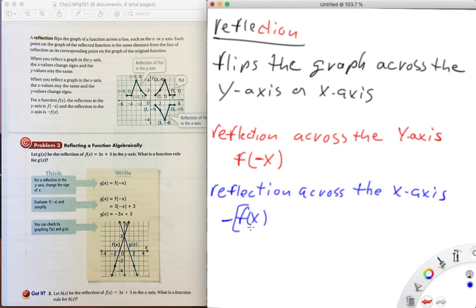I would even put a bracket around it to sort of simulate that I'm multiplying it by -1. That's sort of how I see it. So across the y-axis, your x-coordinate is going to be negative. It's going to be across the x-axis, basically your y-coordinate is going to be negative.